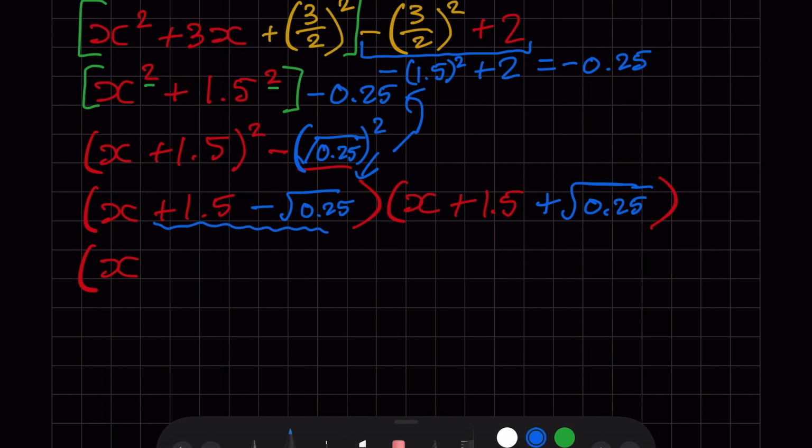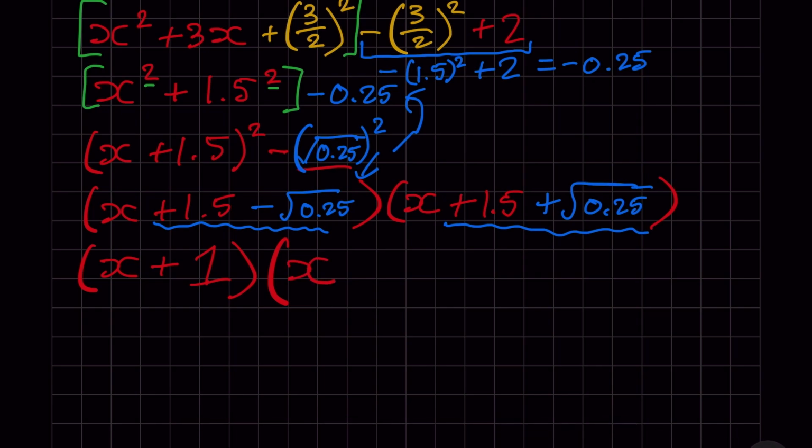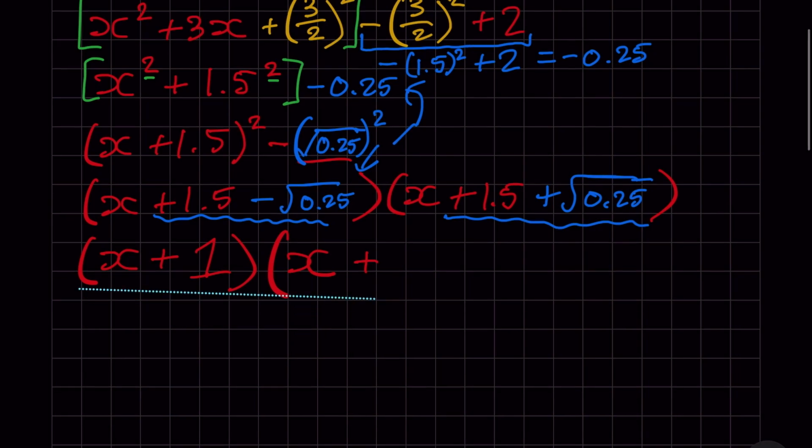If you put that in your calculator and that in your calculator, you'll find that 1.5 minus the square root of 0.25 is equal to 1. Yes, it is equal to 1. And if you also put in your calculator 1.5 plus the square root of 0.25, that is equal to 2.